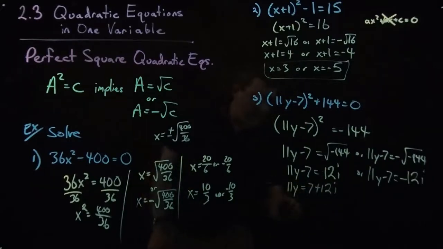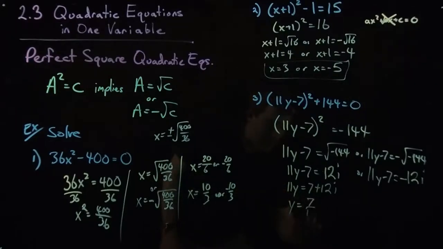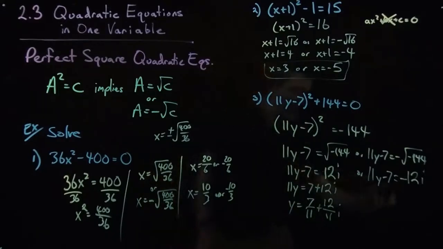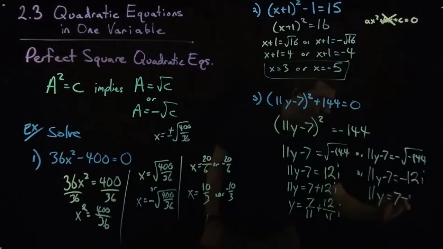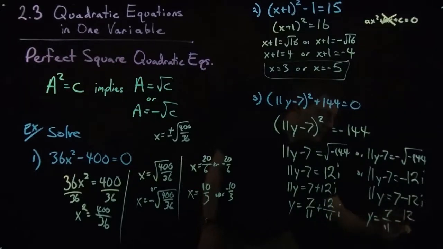We can go ahead and finish that by dividing by 11. So I'm going to write it as 7 over 11 plus 12 over 11i. And this also: 11y equals 7 minus 12i, so y equals 7 over 11 minus 12 over 11i.